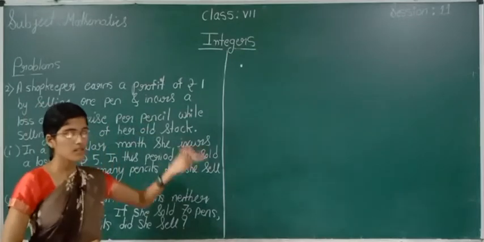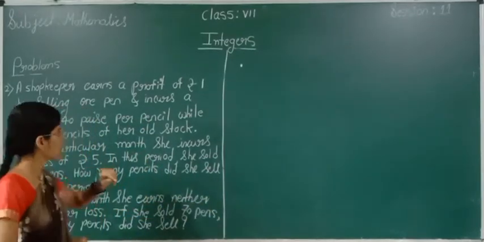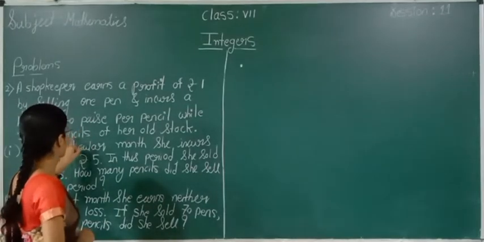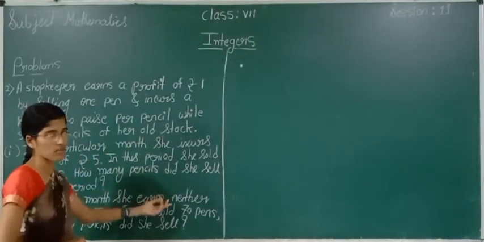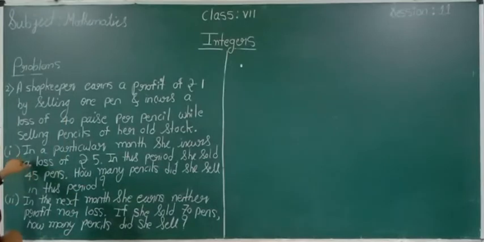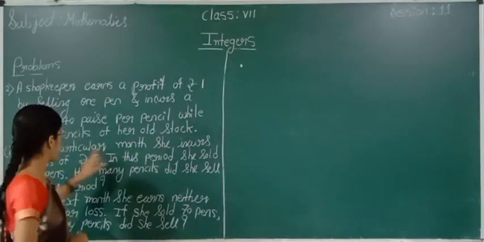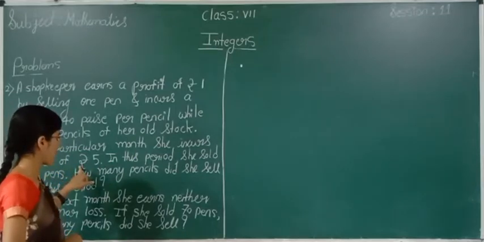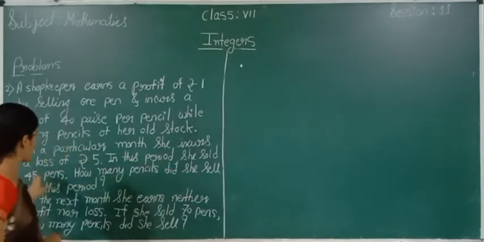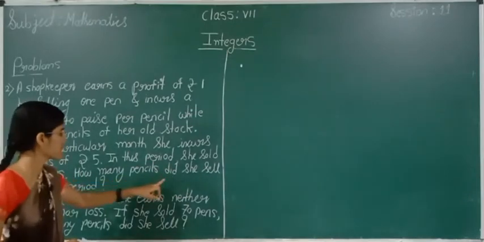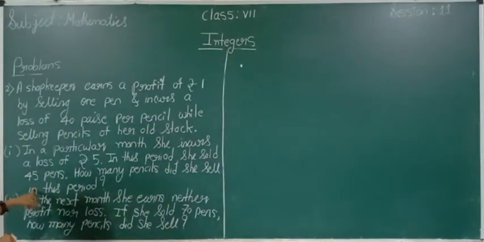If he sells a pencil, he will incur a loss of 40 paise, while selling pencils of her old stock. The first question they asked: in a particular month she incurs a loss of rupees 5. In this period she sold 45 pens. How many pencils did she sell in this period?